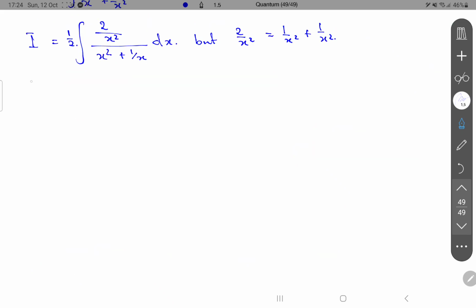So we are going to make two entities there, because now I is going to be a half integral of 1 over x squared plus 1 over x squared all over x squared plus 1 over x squared dx. I forgot the square here.